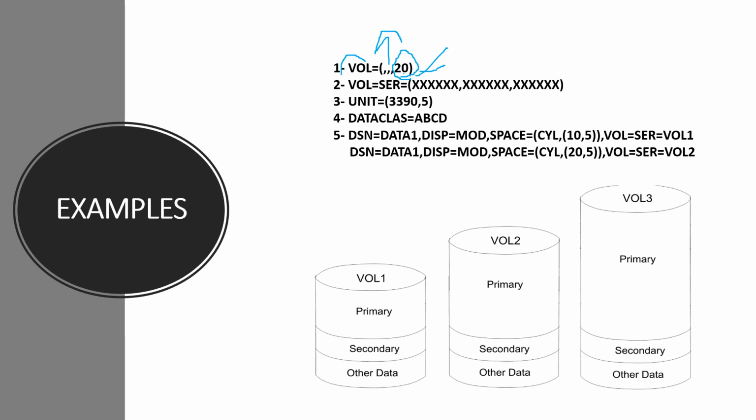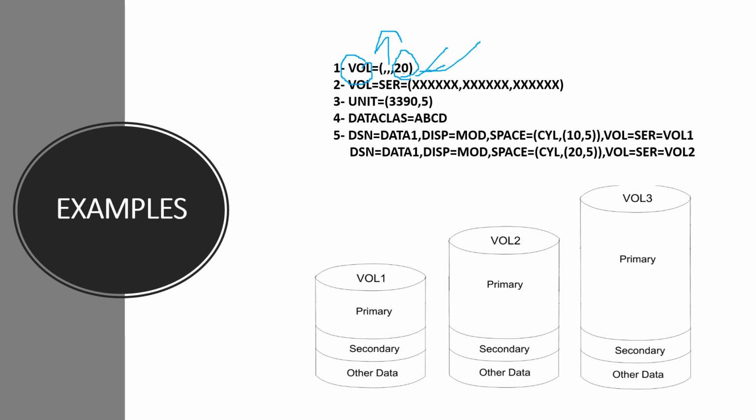I can prepare a video on the volume parameter separately so that you can understand everything about it. But for a multi-volume data set, you basically have to know where you can give the volumes parameter, meaning how many volumes you can specify. As I told you, 255, but it can go up to 59.